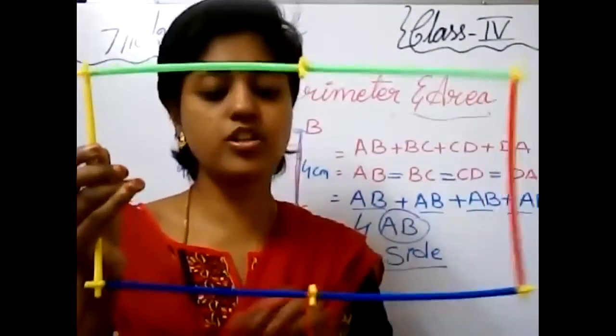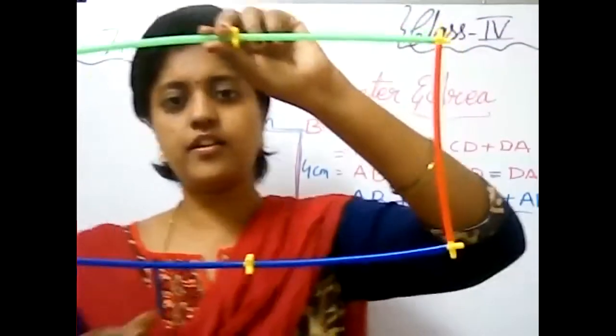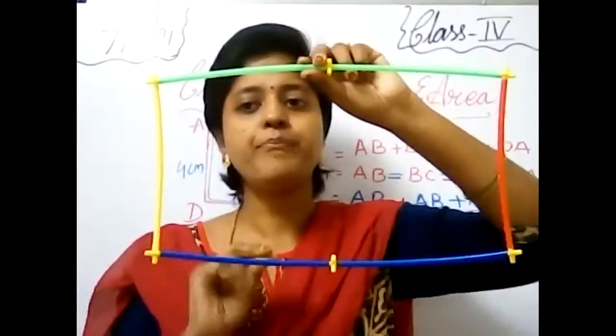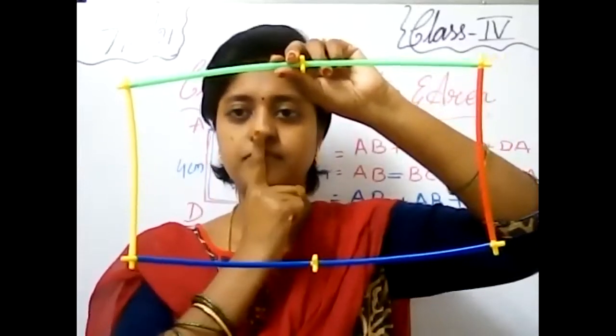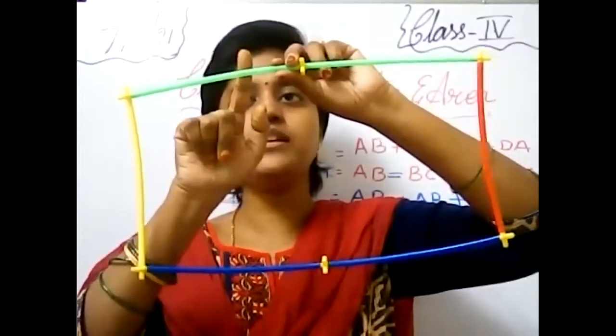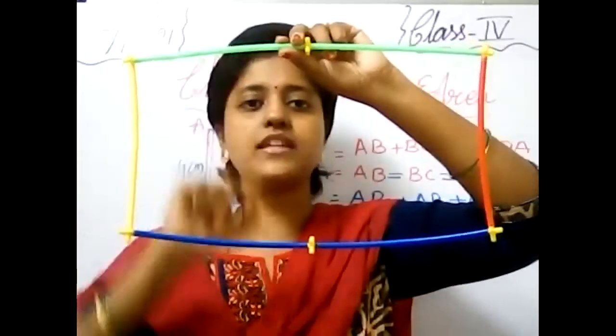Now what is this, children? Rectangle. So in the rectangle, opposite sides. Please be on mute. Children, here you can see in rectangle, opposite sides are equal.